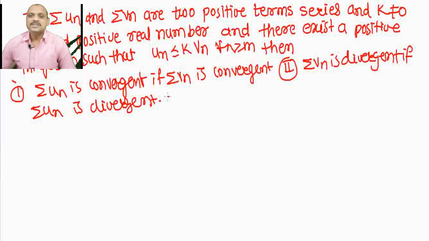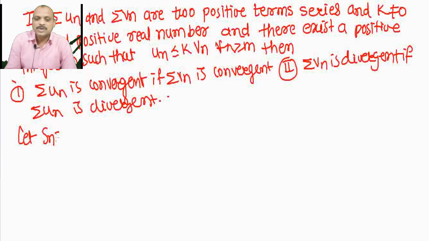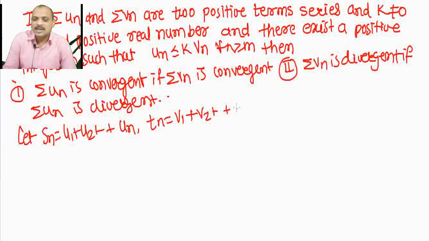We know that to show the convergence of a series we use the sequence of partial sums. So here first we take two sequences of partial sums. Let us suppose that Sn equals u1 plus u2 plus up to un and Tn equals v1 plus v2 plus up to vn.